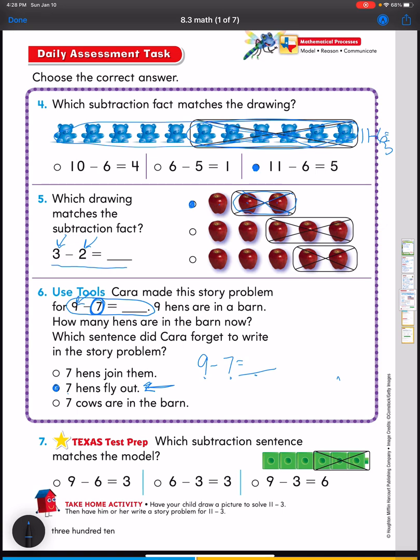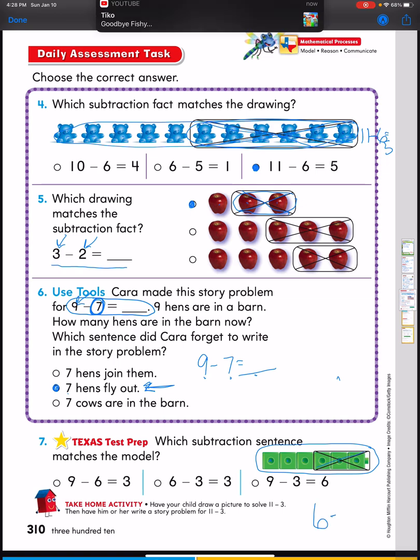And then number 7, which subtraction sentence matches our model? So remember, count how many blocks you started with. 1, 2, 3, 4, 5, 6. And how many are taken away? 1, 2, 3. What are you left with? 1, 2, 3.